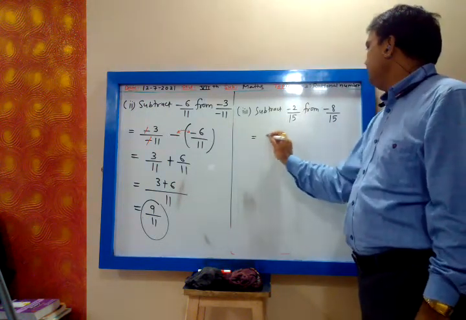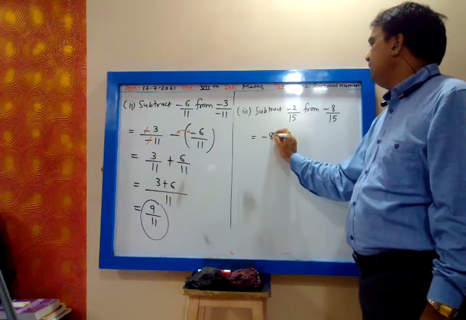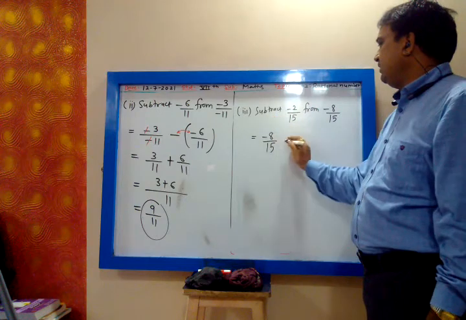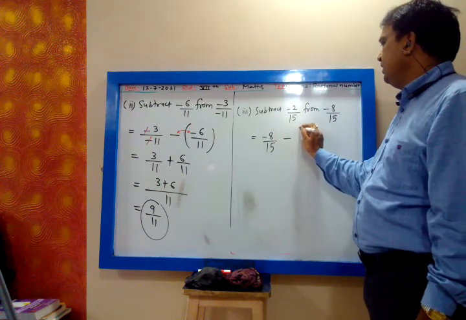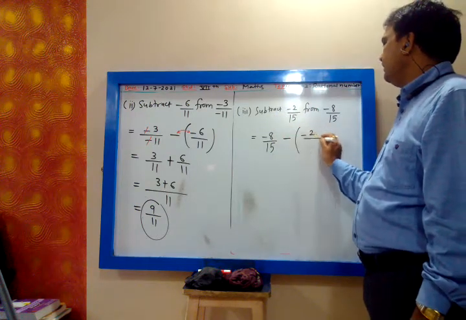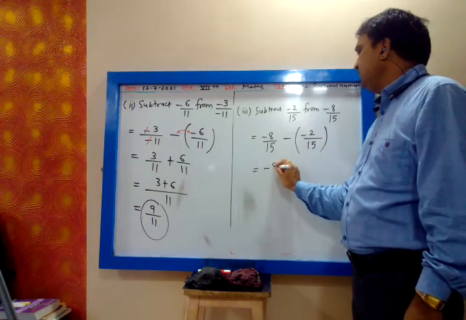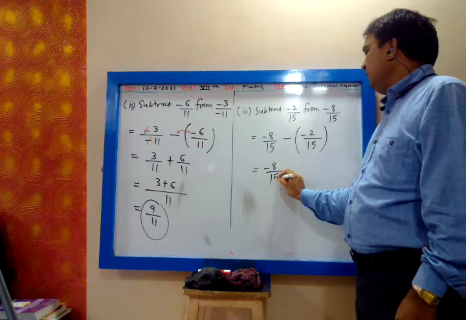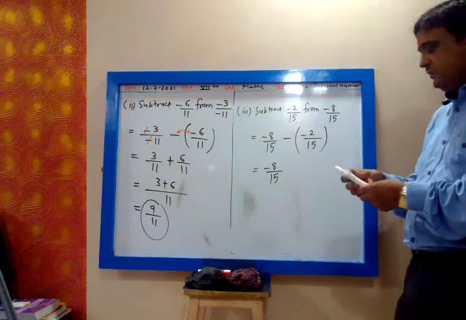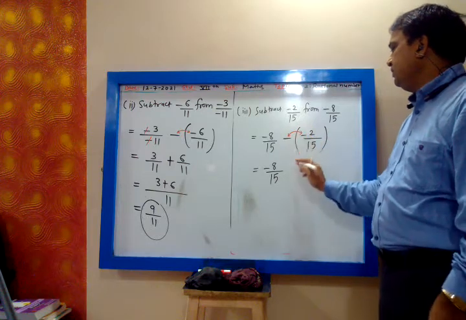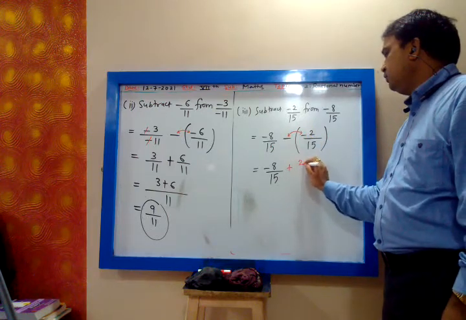So from minus 8 by 15, I will write first. Then it is subtract. Subtract means minus sign. Which number? Minus 2 by 15. So let us write minus 8 by 15. Now whenever two minus signs are together, minus into minus will be plus. So plus 2 upon 15.